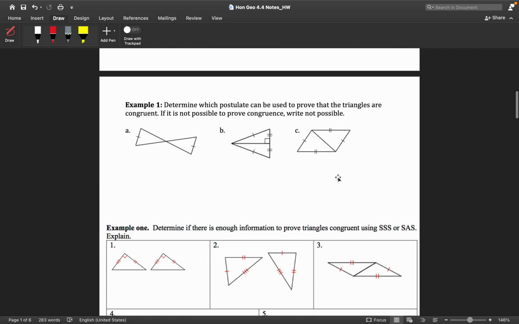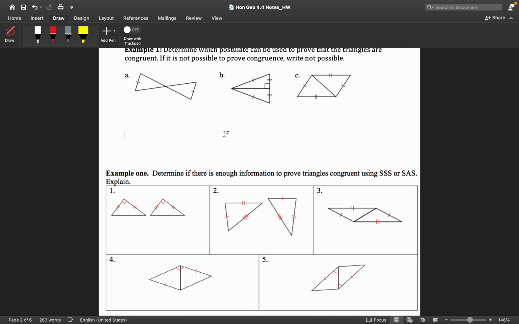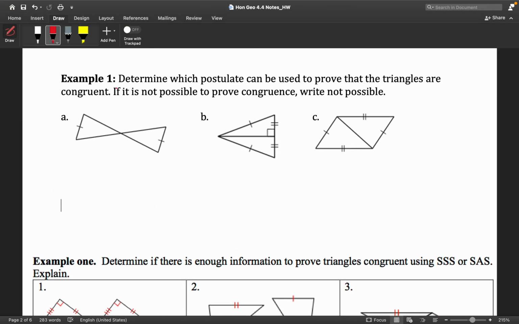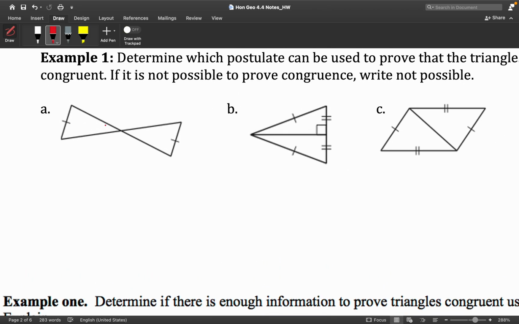So, how can we determine which postulate, which shortcut we can use? If I look at these pictures, the first thing I want to know is, do I have any vertical angles or shared sides? I can always mark in vertical angles because they're always congruent. And I can always mark in these matching shared sides, these overlapping sides.